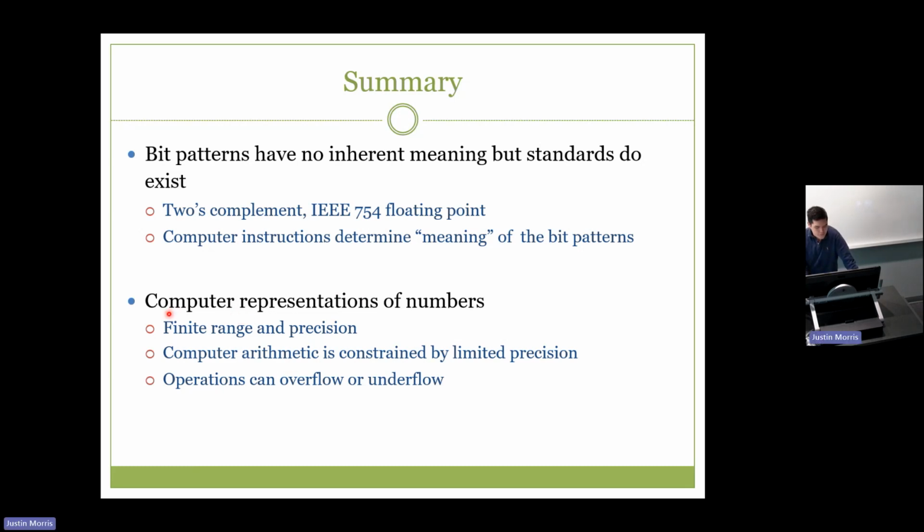Because we have fixed hardware to do these operations, we have a finite range and precision in digital computing. So computer arithmetic is constrained by this limit of precision. If you have overflow or underflow, and your program depends on precise results, you need to be able to detect those things.